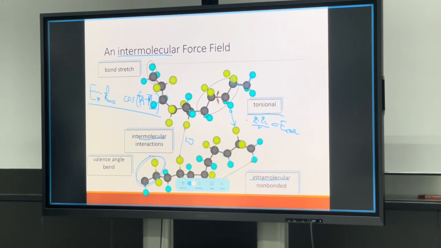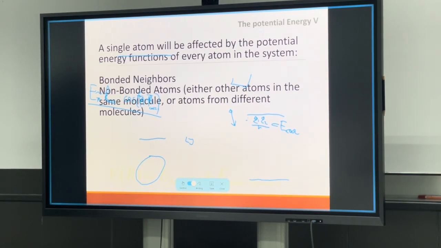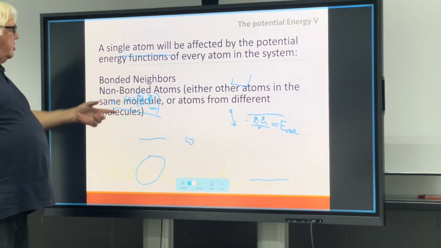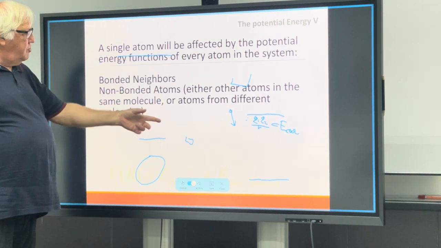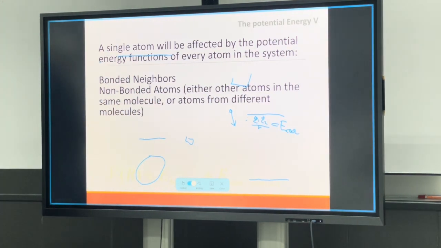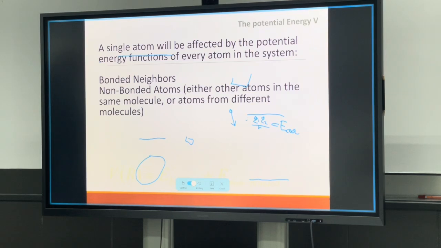And the next two slides I will just go over very quickly, just repeating what I have said already. So you make a distinction between bonded atoms and non-bonded atoms, because the bonds are always the strongest thing.